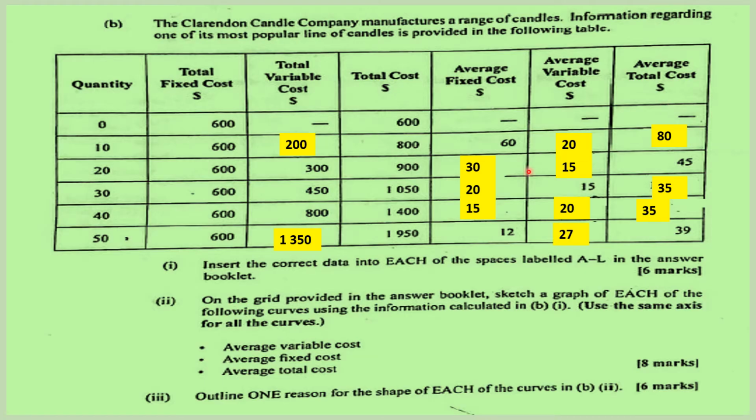So on one axis you would have quantity, and on the other axis you would have these costs. And part 3, outline one reason for the shape of each of the curves in B, I, 6 marks. Okay, let's take a look at what the answer should look like.